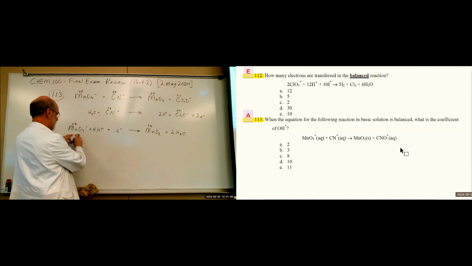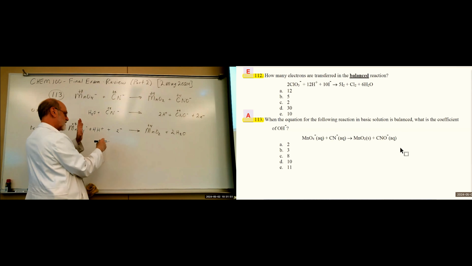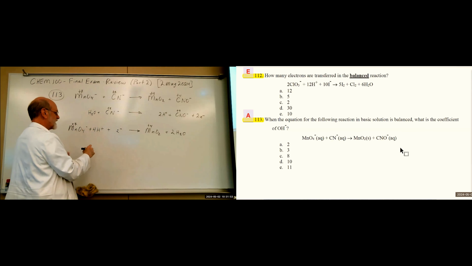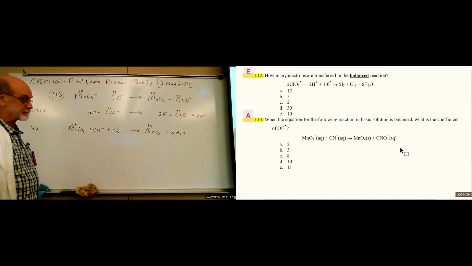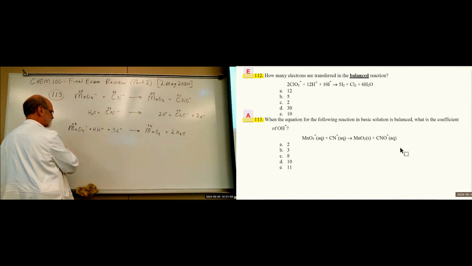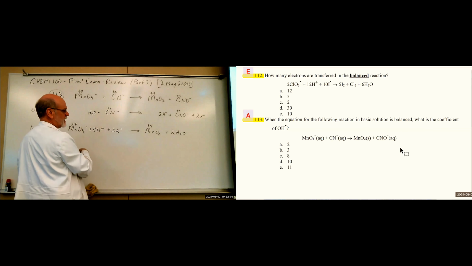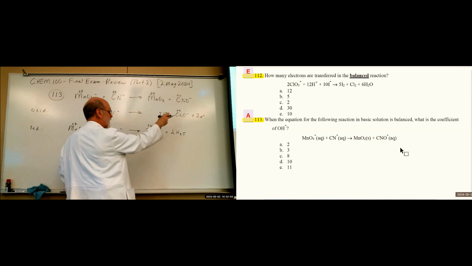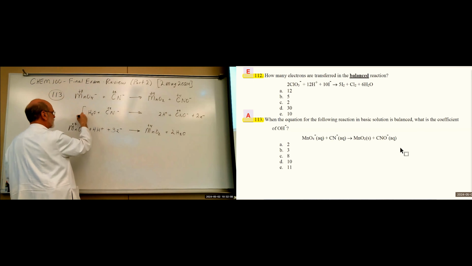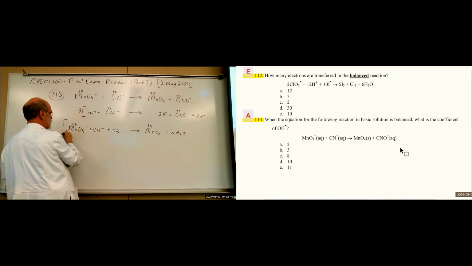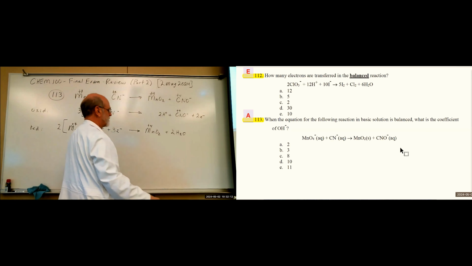How many? 1 manganese went from +7 to +4. We had to gain 3 electrons. Okay? All right. So now we need to reconcile the electrons. We have 3 here and 2 there. Cross multiply. So we use 3 here and we'll use 2 here.